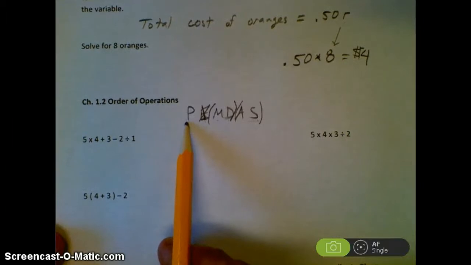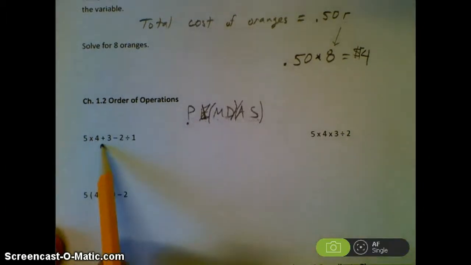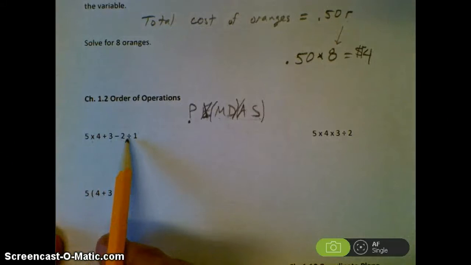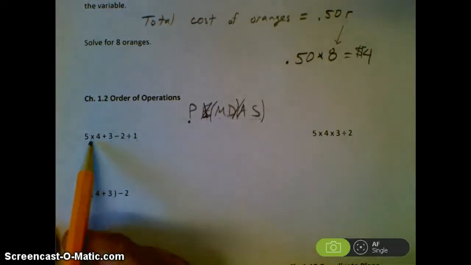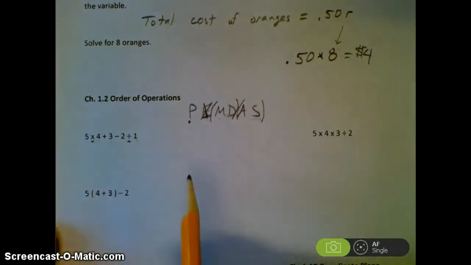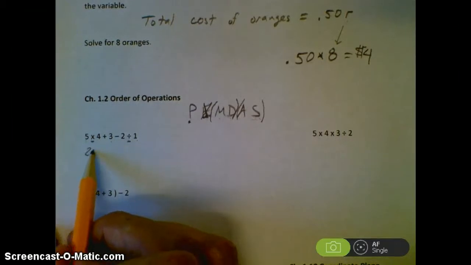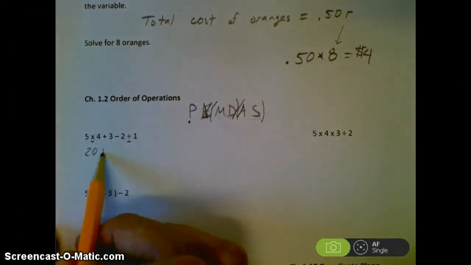Parentheses come first. So let's take a look at this first one. We've got 5 times 4 plus 3 minus 2 divided by 1. We're going to do the multiplication and the division parts first. So I've got 5 times 4. That gives me 20. I'm just going to bring down plus 3.